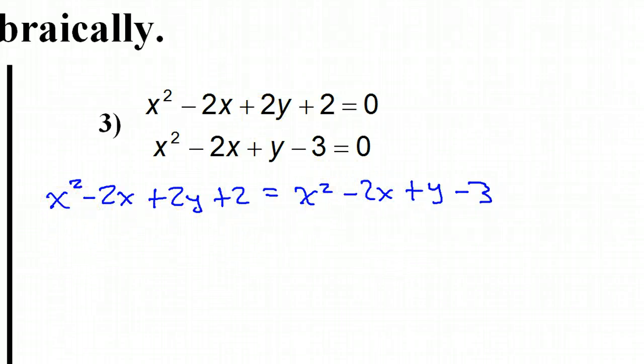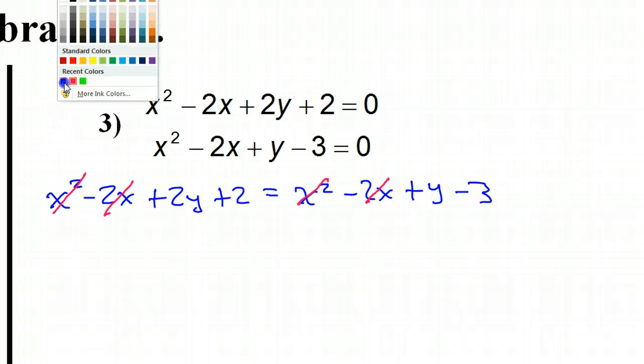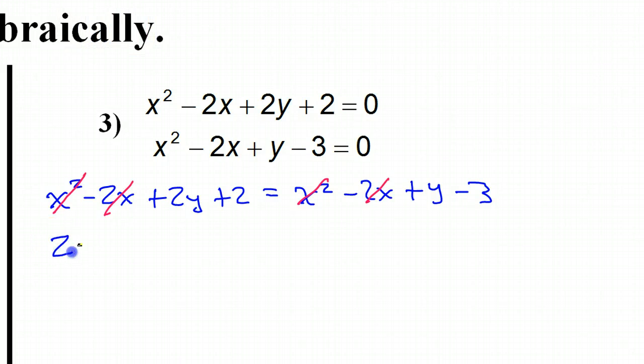But anything that you see that's exactly the same on both sides, like x squared, technically I'm subtracting x squared from both sides, but they're gone. And if I add 2x to both sides, same thing, they're gone. So anything else? No. Let's recopy what we have so far. So far I have 2y plus 2 equals y minus 3.